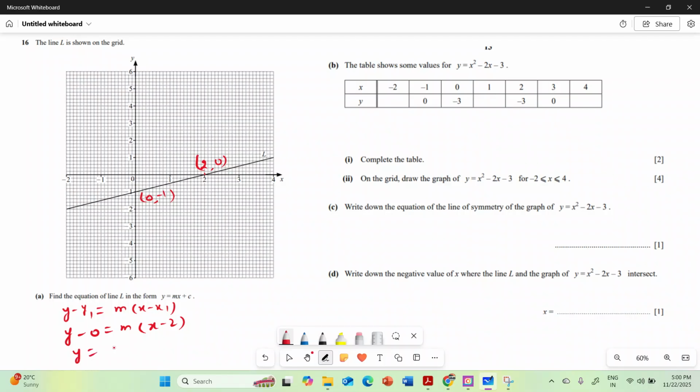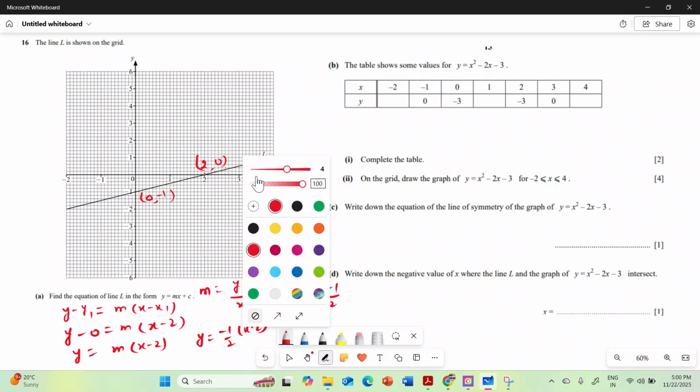So y equals m times x minus 2. How to find m? m equals y2 minus y1 divided by x2 minus x1. So 0 minus negative 1 is positive 1, and here 2 minus 0. So this is 1 by 2, negative 1 by 2. So here I have y equals negative 1 by 2 times x minus 2.